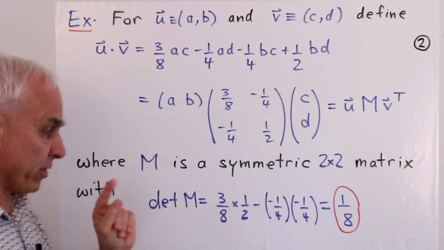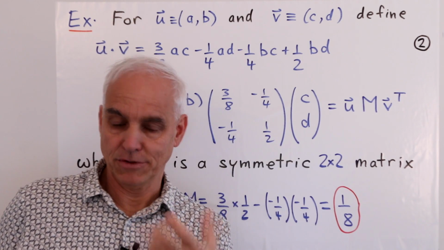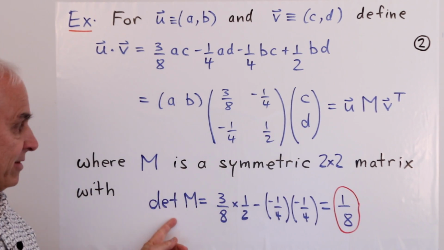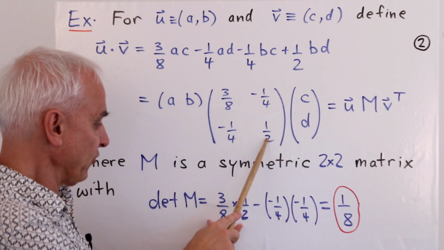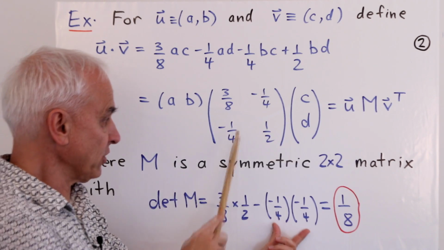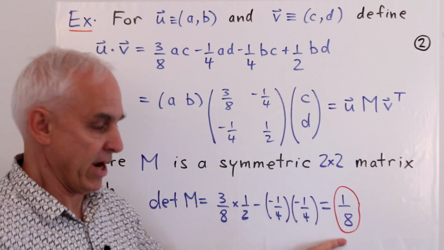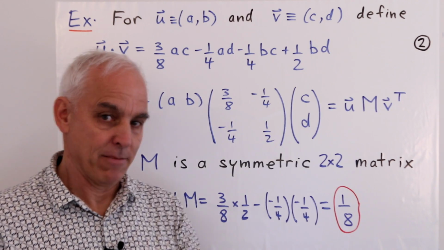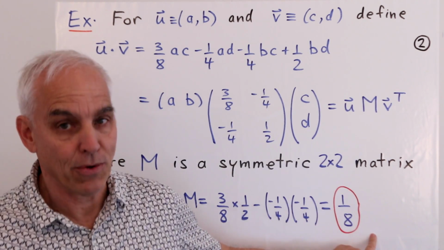The other important thing to observe about this matrix M is its determinant. The determinant is obtained by taking this entry times this entry and subtracting the product of this entry times this entry. That's a total of 1/8. And the most important aspect of that number is that it is not 0.